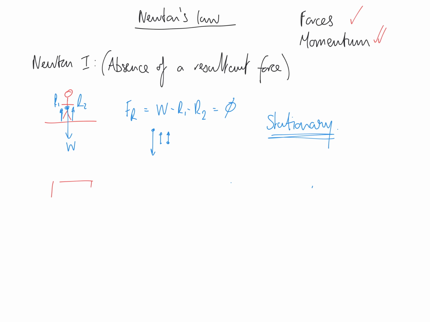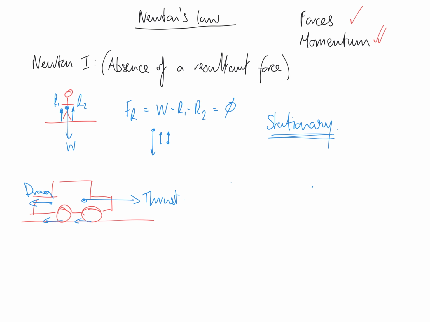And that is when a car is travelling along. Here's my bad car. I should have probably got a picture of this. And the engine is obviously generating a thrust. And there is some drag associated and some friction.